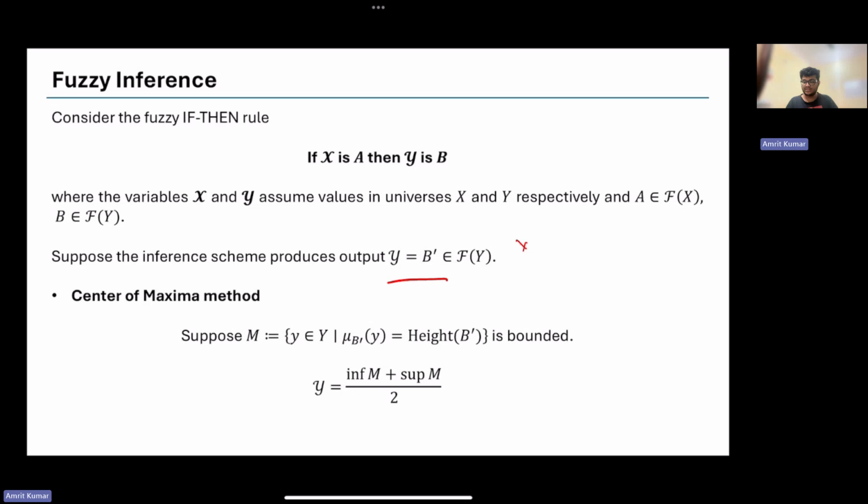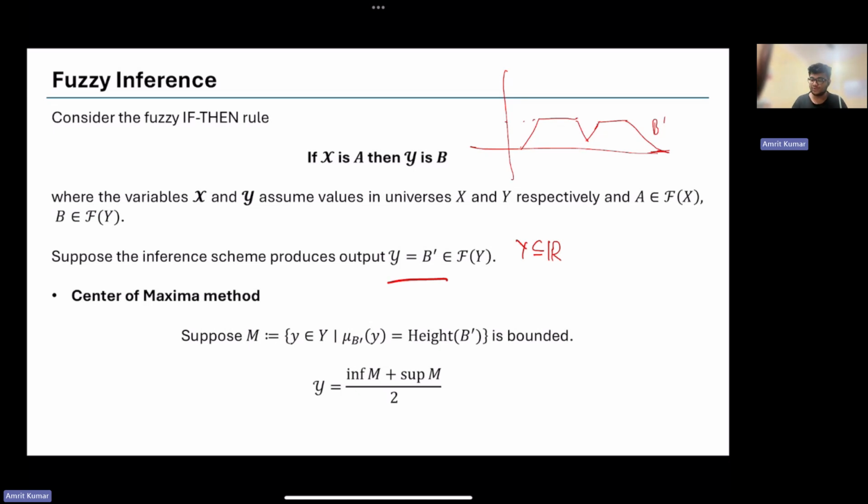Where Y is basically some subset of the real line. Then what you do is you look at the height of B dash. Suppose your B dash looks like this. It's unlikely that you will ever encounter such a B dash in a practical situation, but for the sake of illustration, suppose that this is how your B dash looks.